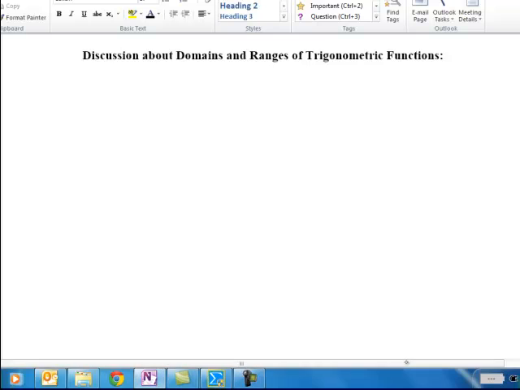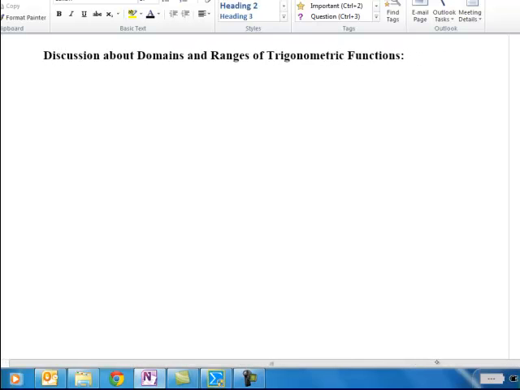Before we determine the domains and ranges for our trigonometric functions, it helps to recall how these functions are defined.